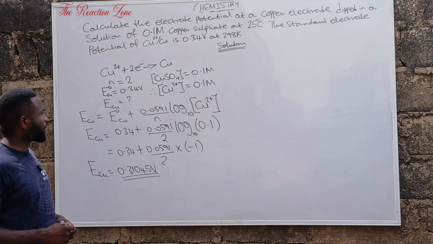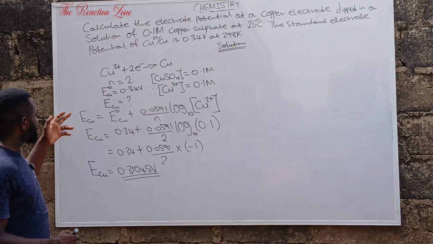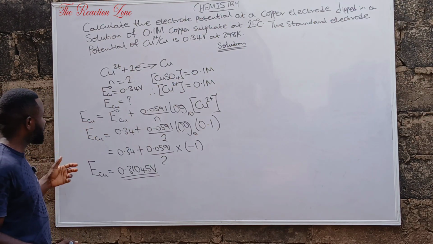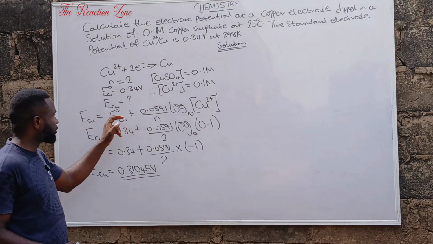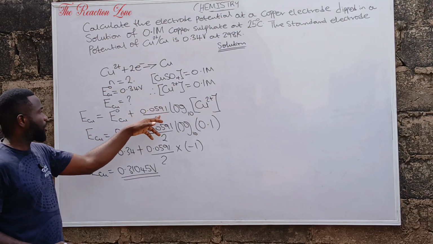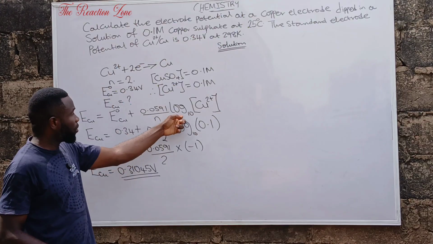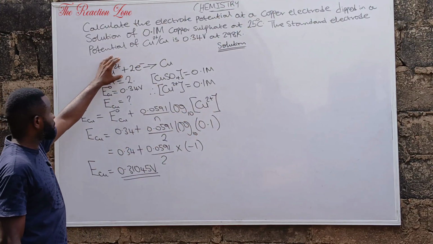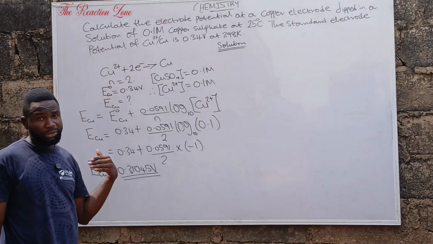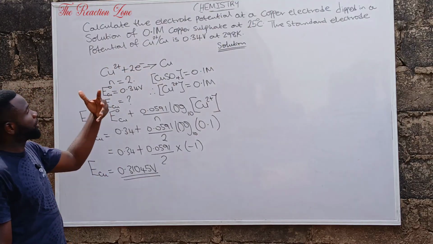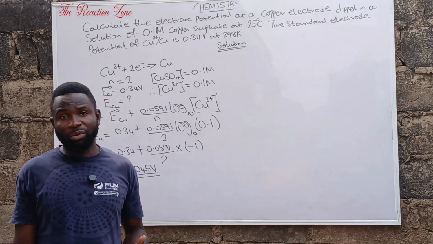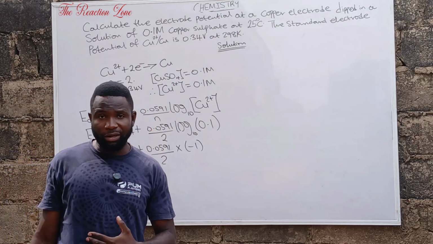In my previous lesson on the Nernst equation, I told you that to find the reduction potential of an electrode, it is simply going to be the standard reduction potential plus 0.0591 over n log the ion at the electrode. In this particular electrode of copper, reduction is what takes place. So the electrode potential of copper that we are asked to find is the same as telling us to find the reduction potential of the copper electrode.